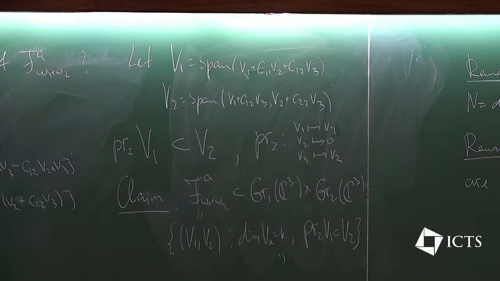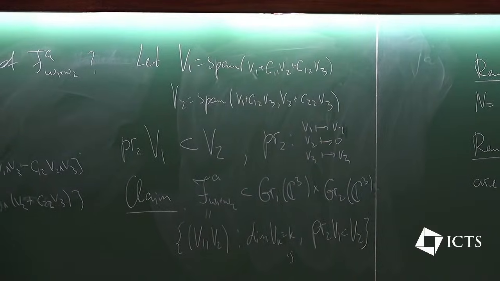Not really, because you see, if we erase both terms, then we are left with V1. No, because we don't have such a vector. But you see, this vector starts with V1, and this V2 plus C22 V3. But if this is V1 plus C12 V2, right?